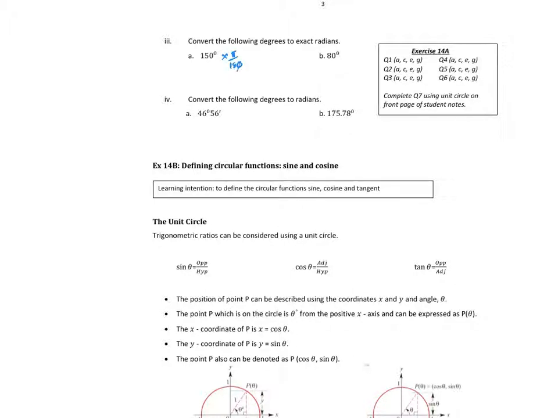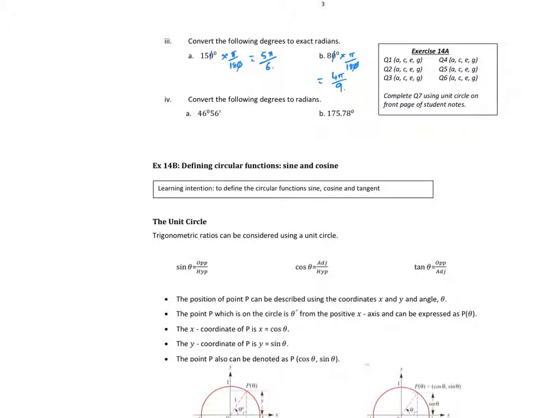So zeros will cancel, it'll give me 15 over 18, and 3 goes into both of those. 3 into 15 goes 5 times, 3 into 18 goes 6 times, so it's 5 pi on 6. 80 times pi on 180. Again, the zeros cancel out, so I get 8 on 18, which is the same as 4 on 9, which is equal to 4 pi on 9.